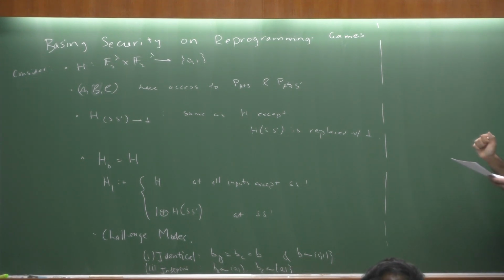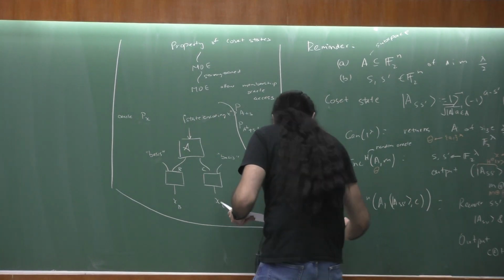And also I asked before, so how do I define A perp? Oh yeah, I'll give you a formal definition. I was reading up on coset states. There are things that we'll look at later, but A perp is defined as follows.